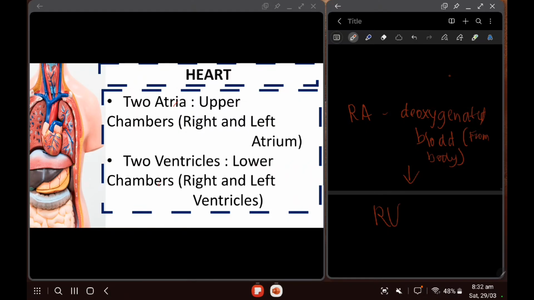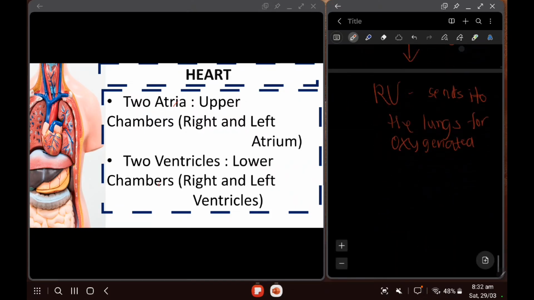So, si right ventricle, magsisend siya, yung napump na yan, masisend it to the lungs para maging oxygenated.